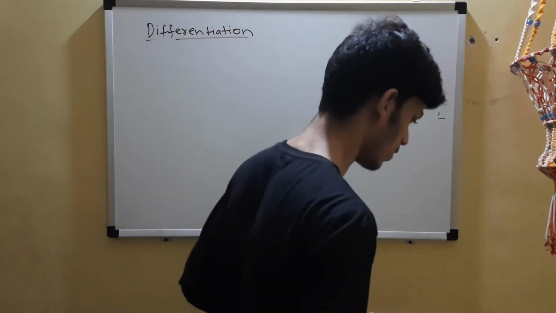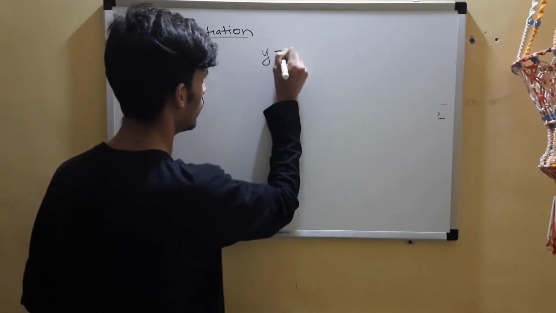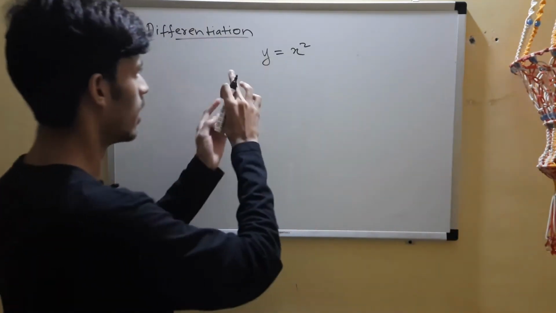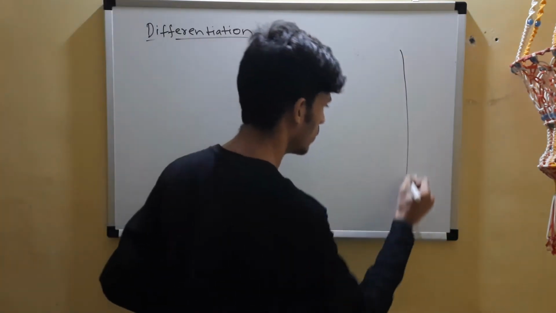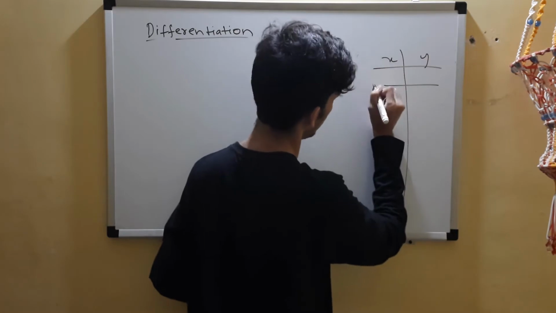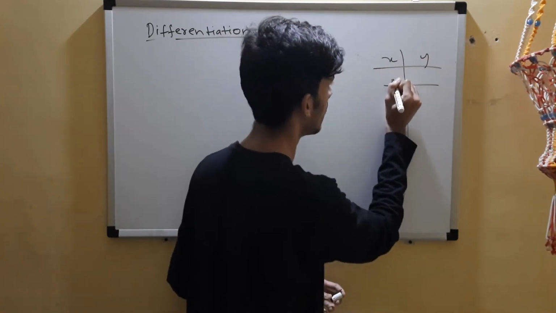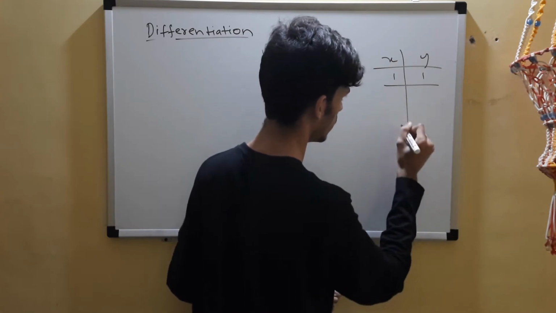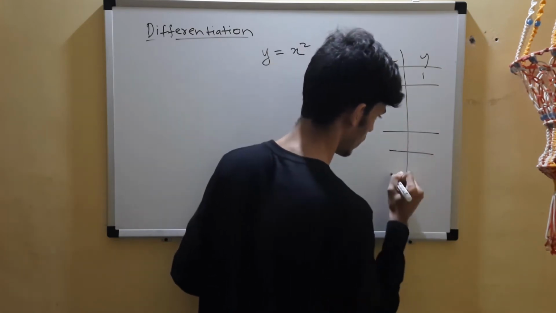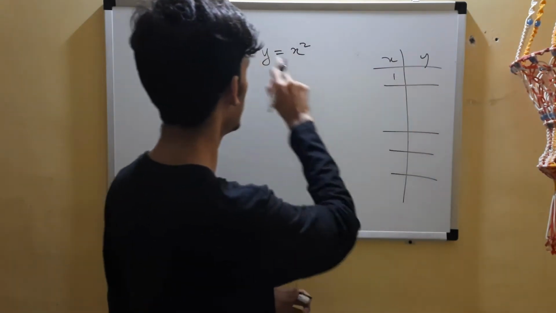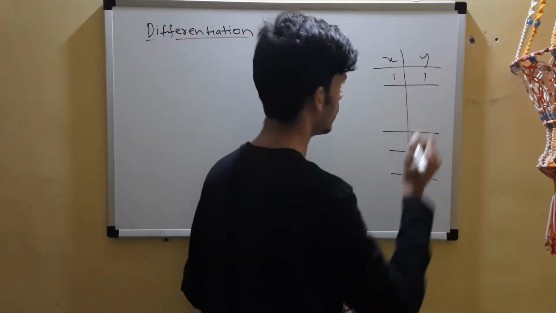Let's choose a slightly more difficult equation, y is equal to x square. Let's tabulate some values of x and y, leaving some space. First we choose x equal to 1, so y is also 1.